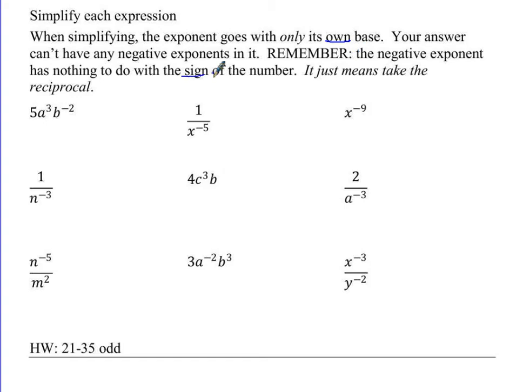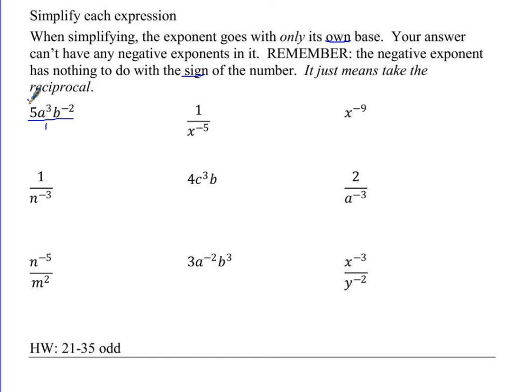If you put 1 over something, that's the reciprocal. So the way that I do these is I put them over 1. I make a fraction. And then if I have a negative exponent, that negative exponent thing moves. If it's in the numerator, it goes to the denominator. If it's in the denominator, it goes to the numerator. So in this case, does this 5 have a negative exponent on it?